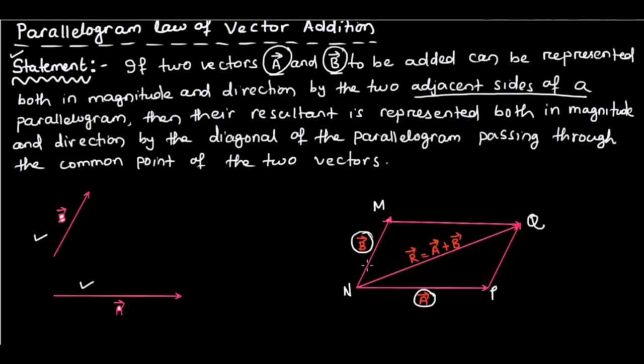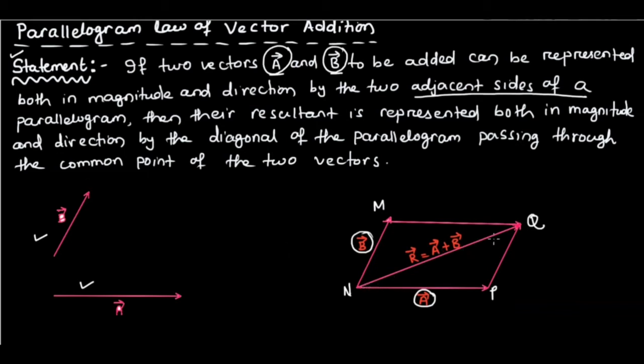This parallelogram has two diagonals, NQ and MP. But out of these two diagonals, the diagonal NQ will represent the resultant vector both in magnitude and direction.